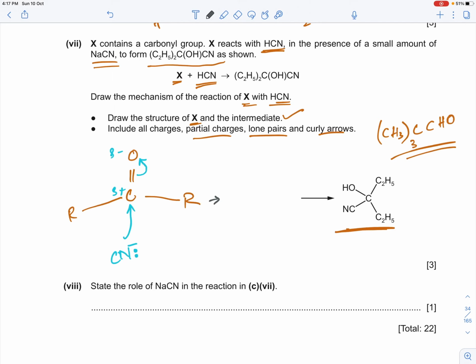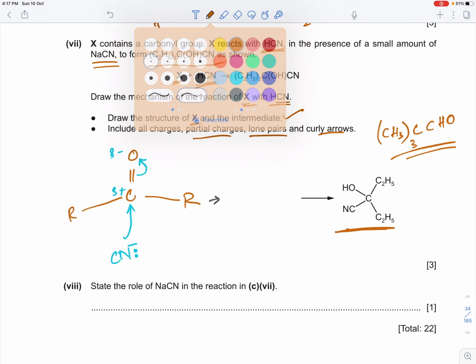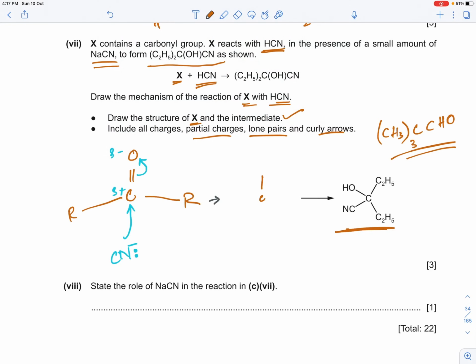which has carbon, O negative, R, and C triple bond N. All right, and then this O negative gains an H plus, which comes from HCN. This gains this H plus, and finally we get this kind of structure.